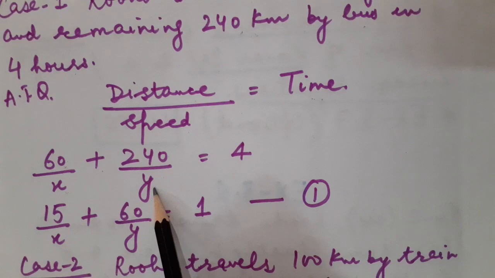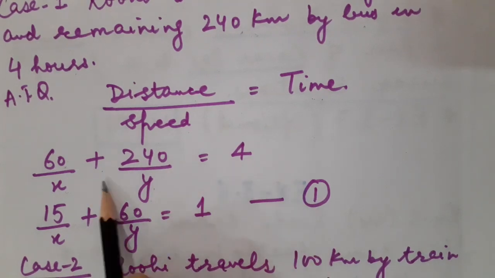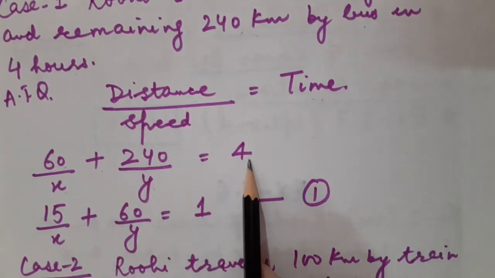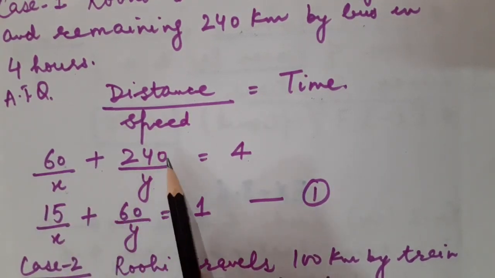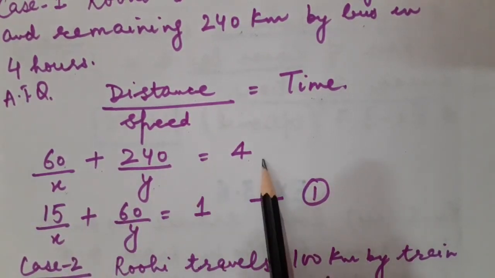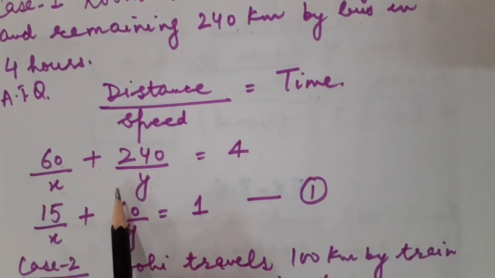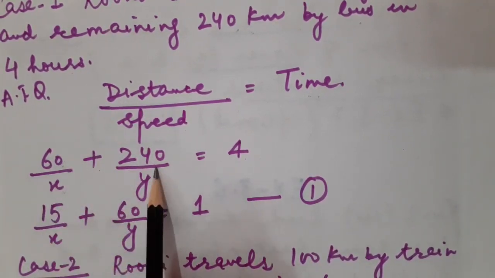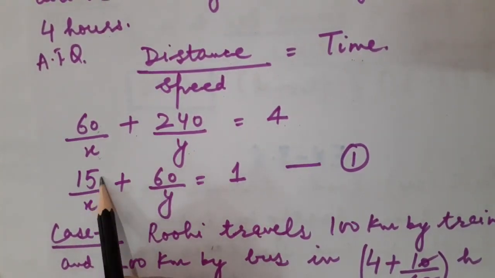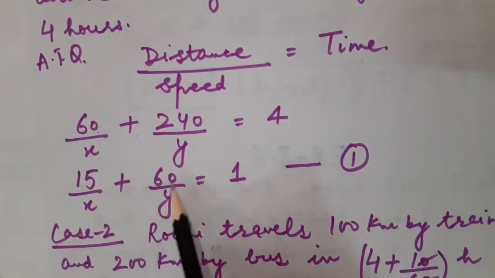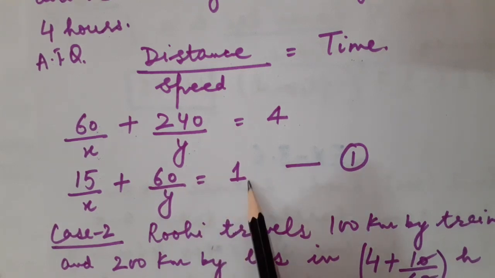That is y kilometer per hour. And how much is the total time taken by the child? That is 4 hours. So it would become 60 upon x plus 240 upon y is equal to 4. From here, children, what can I do? I can take 4 as common. After taking 4 as common, you will be getting 15 upon x plus 60 upon y is equal to 1.